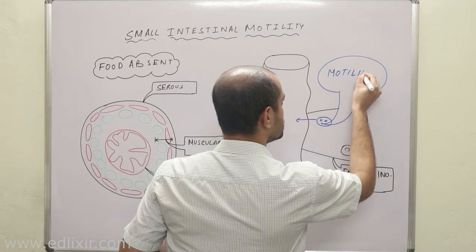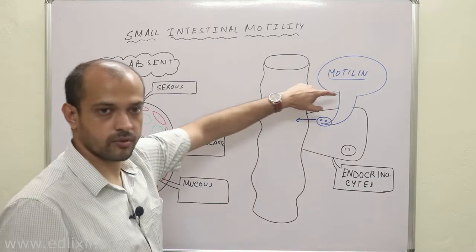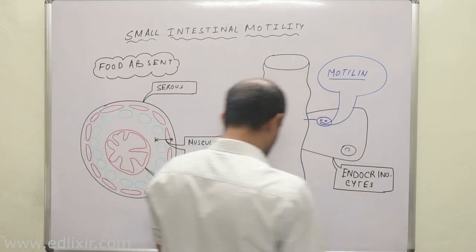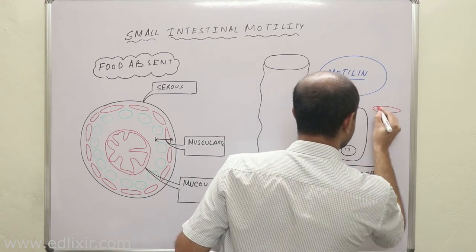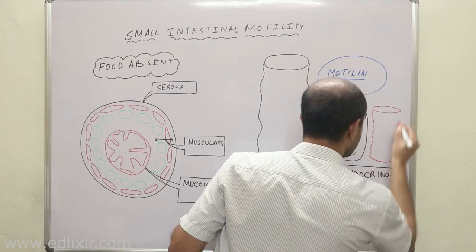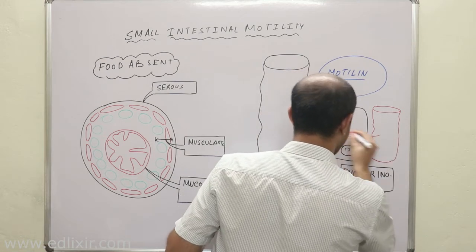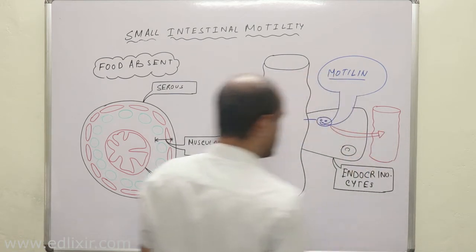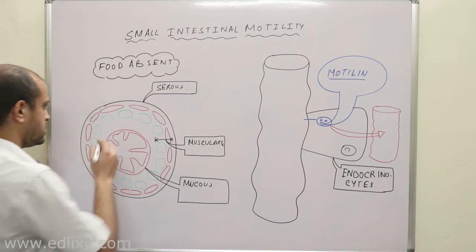When this motilin is released into the blood vessel, what happens is this, suppose there are some blood vessels.